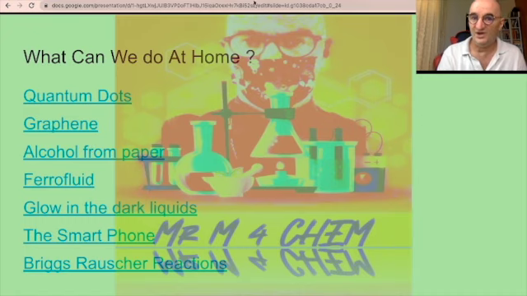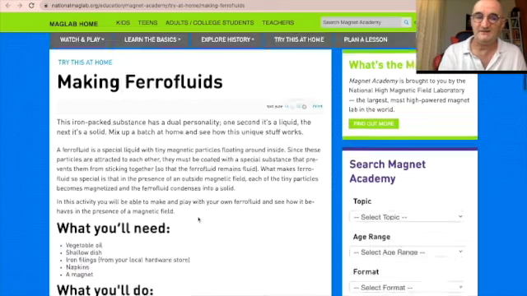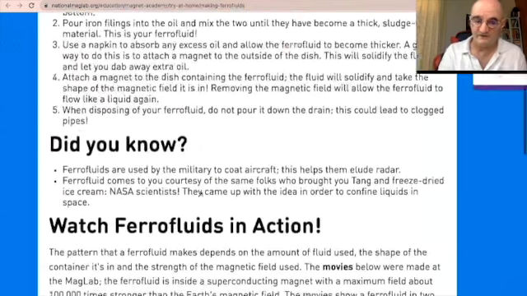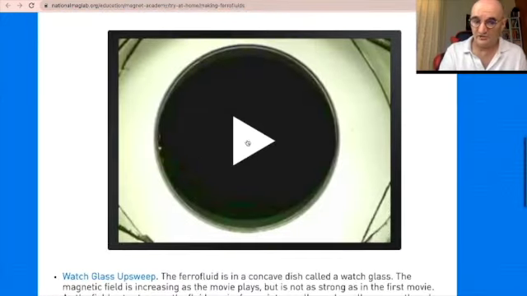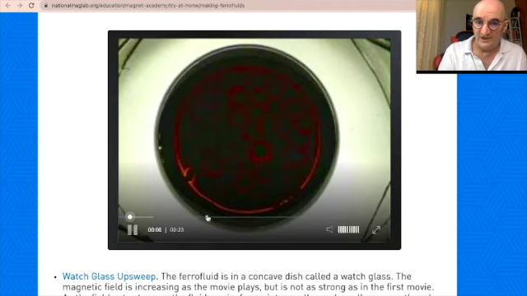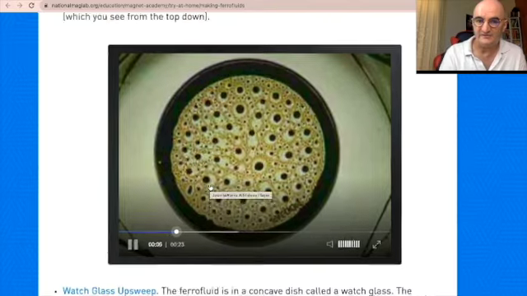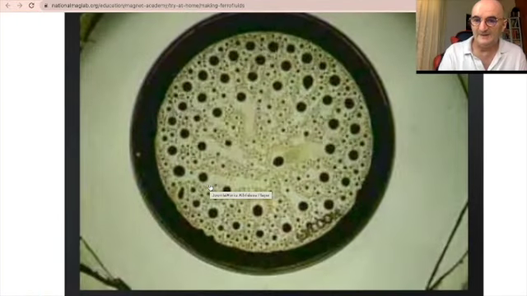Beautiful. Ferrofluid. What do I need to make ferrofluid? Well, apparently, according to this, you need some vegetable oil, some iron filings, some napkins, and a magnet. Great. Well, why would you make it? Well, first of all, it's fun to do. Second of all, we can look at perhaps different properties of the solvent in which it is in, different oils.